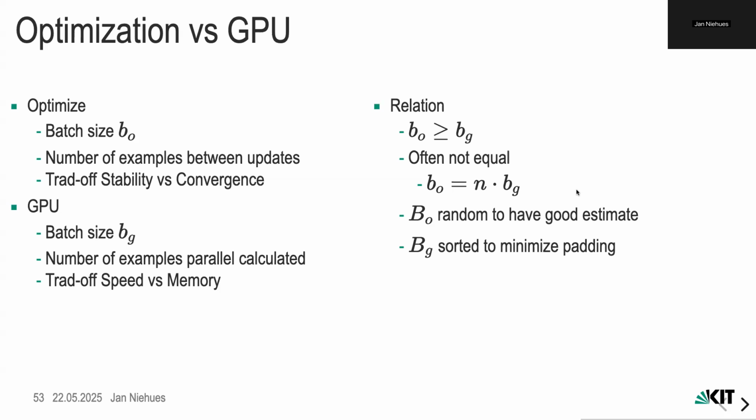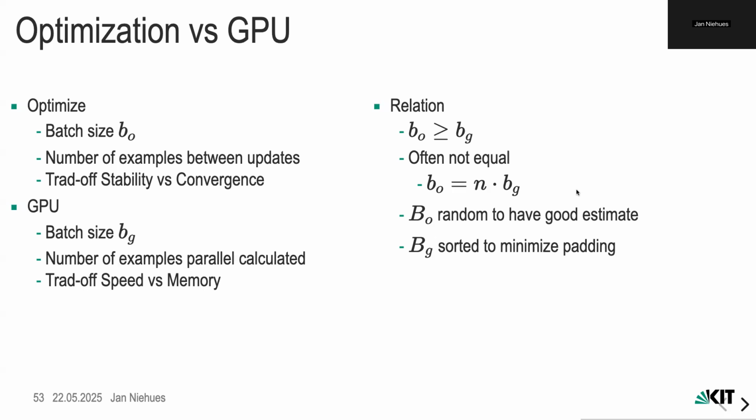Then there is another thing, and that's the GPU batch size, which is the number of examples that you calculate in parallel. We saw that for GPUs, it's very efficient to not give one example and wait for the results, but you typically give n examples and calculate the output in parallel and then get the result.